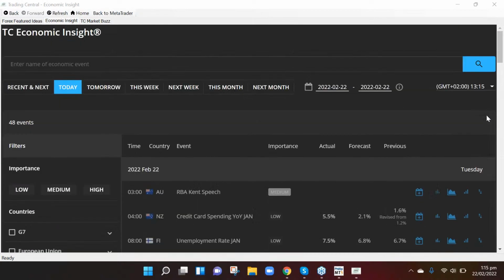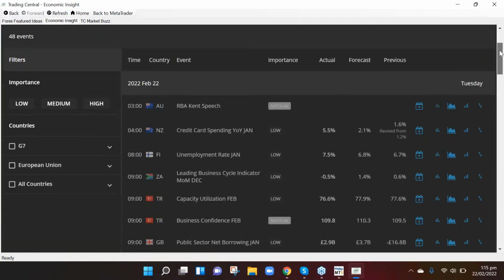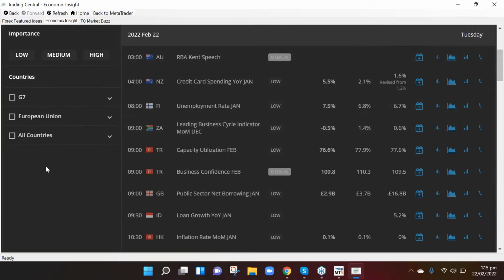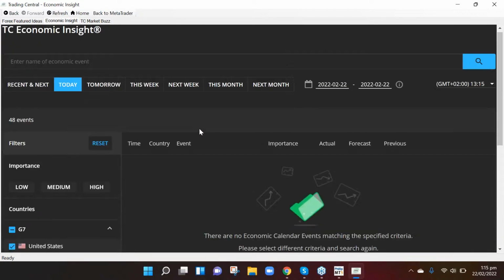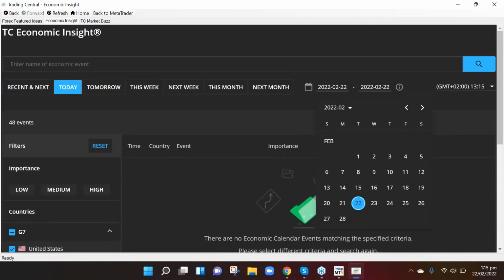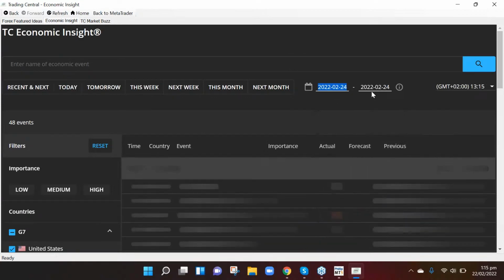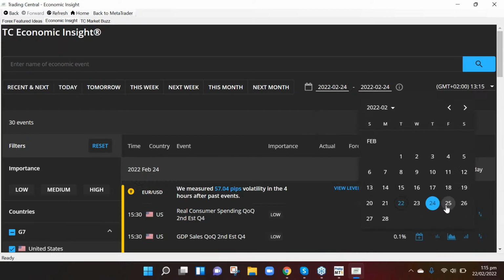Except for the usual things that you can filter by, for example the dates, the countries and the events, we have some additional features. Let me demonstrate. If you are interested in the US market, let's set up the date, for example, 24 to 25.